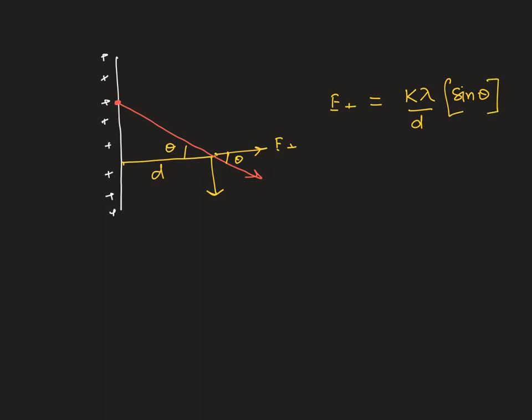To look for integration limits, please focus on the diagram. For integration limits, we'll go to the ends of the wire. The lower end of the wire makes an angle, let's say beta, and the upper end of the wire makes an angle alpha.